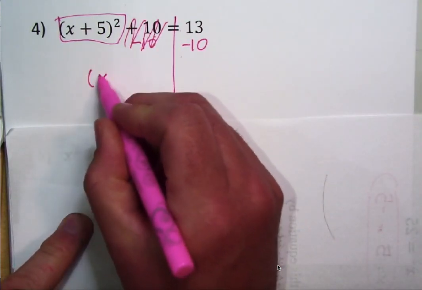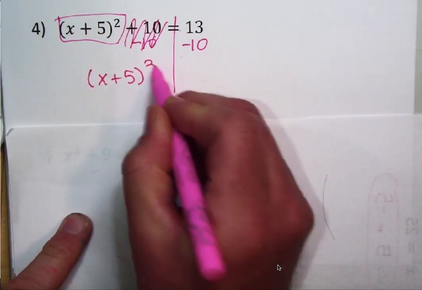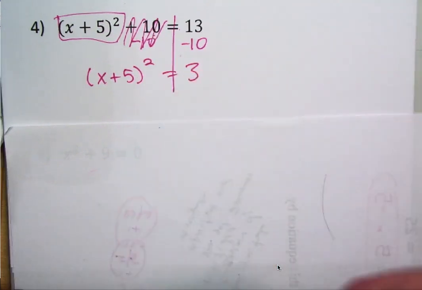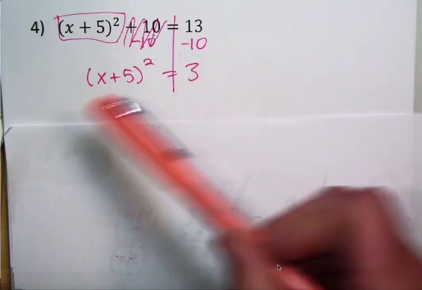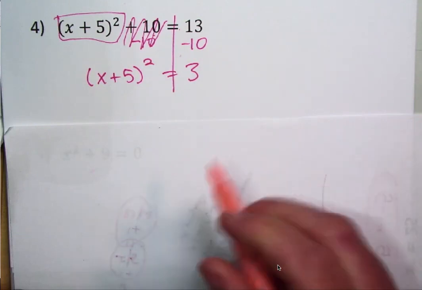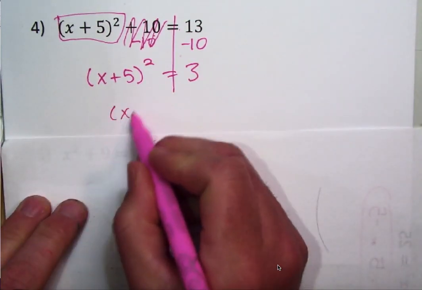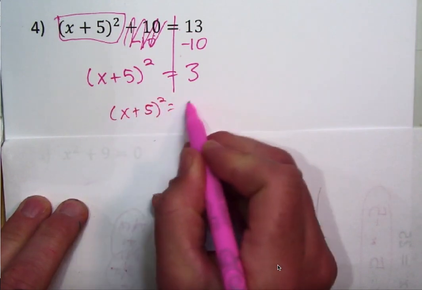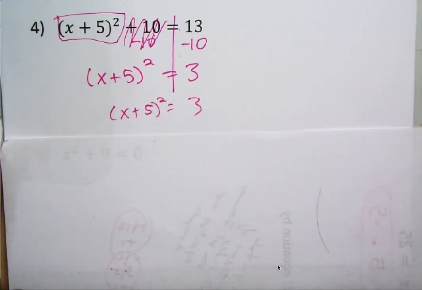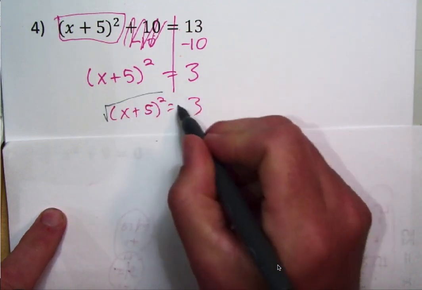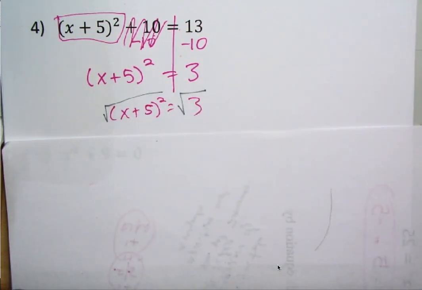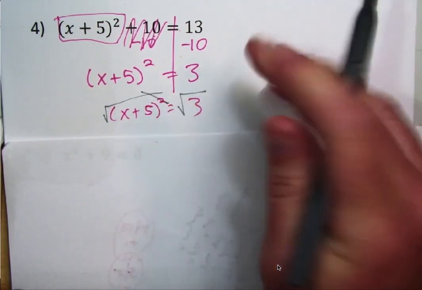And then I'm left with x plus 5 squared equals 3. And now we have something squared by itself, so we can take the square root of both sides to cancel out the squared.